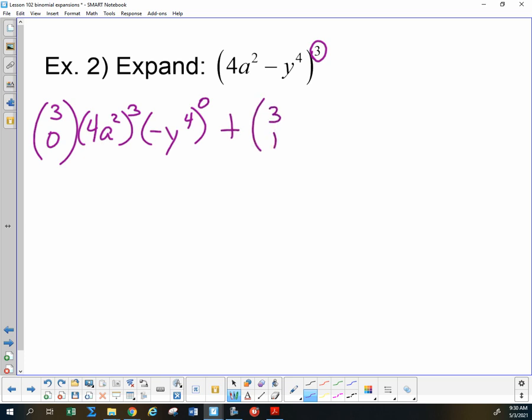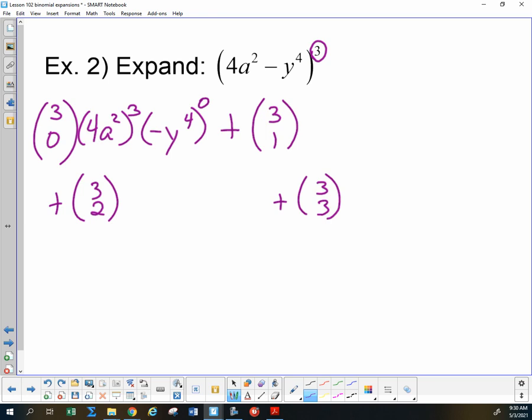And then I'm going to have 3 choose 1 with a term, and 3 choose 2 with a term, and 3 choose 3 with a term in there, and that will give me, since I'm cubing it, 4 terms.